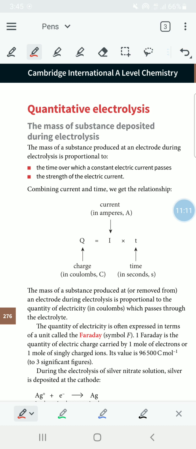The quantity of electricity is measured in Faraday, and it is defined as the quantity of electric charge carried by 1 mole of electrons or 1 mole of singly charged ions.